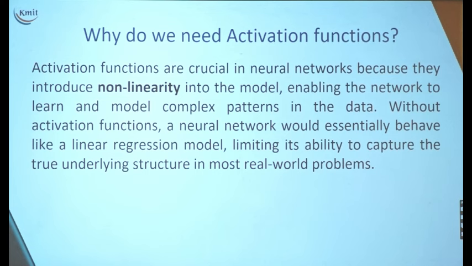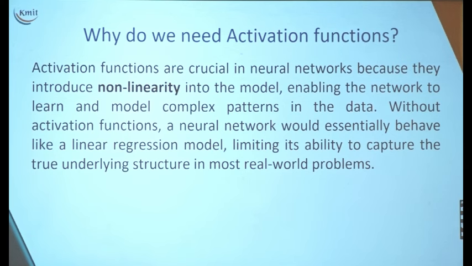So what will happen if it behaves like a simple linear model? It will not be able to predict the result. Okay. So basically, to capture the underlying patterns, we use what?